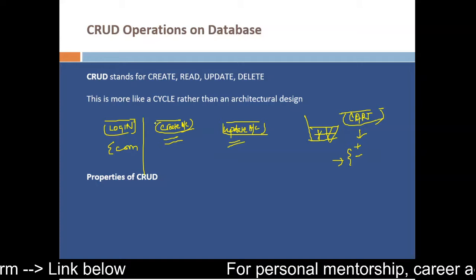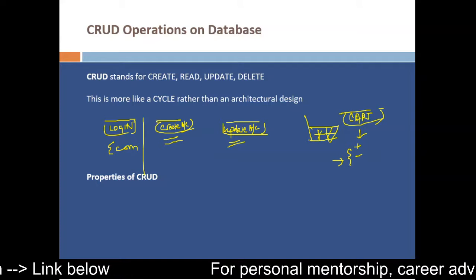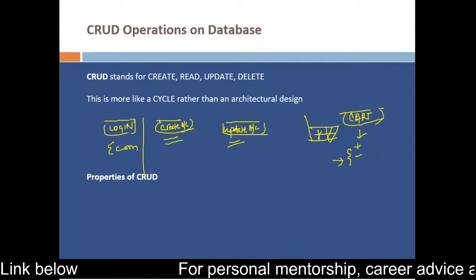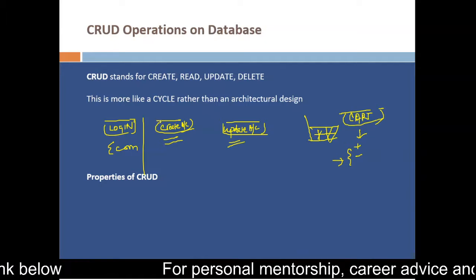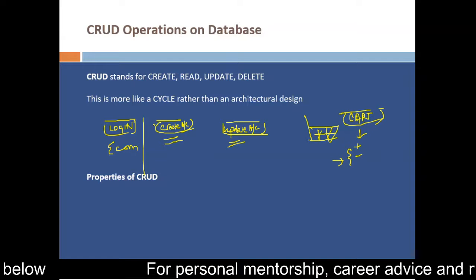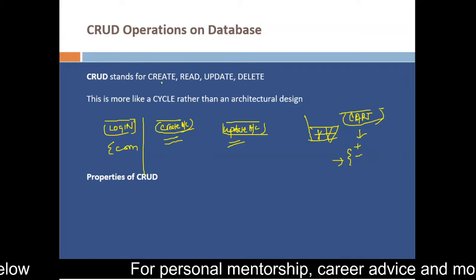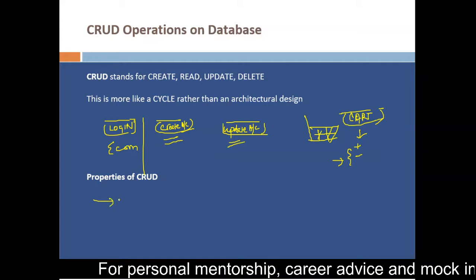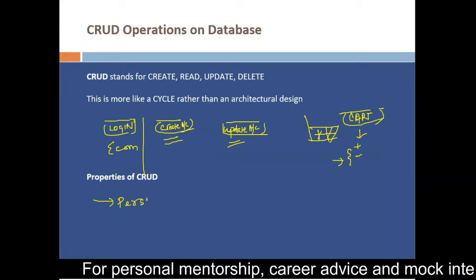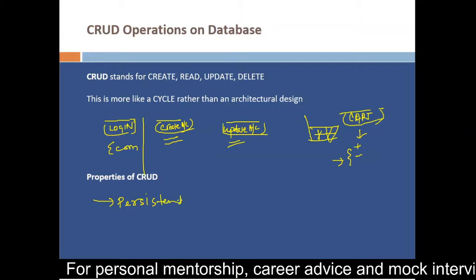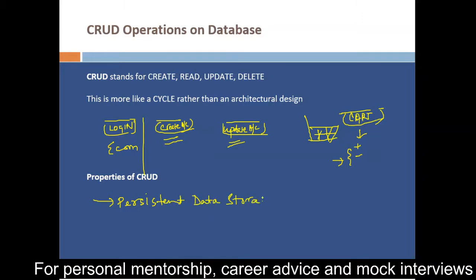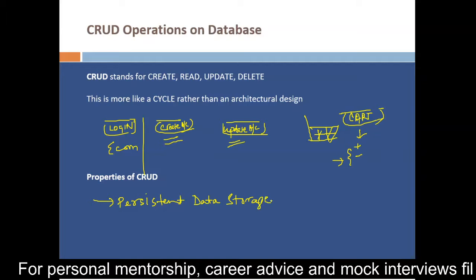And a database supports such operations, which is create, read, update, and delete. And some of the properties of CRUD are again that these particular properties, create, read, update, and delete, how they help is they help us with persistent data storage. Okay.